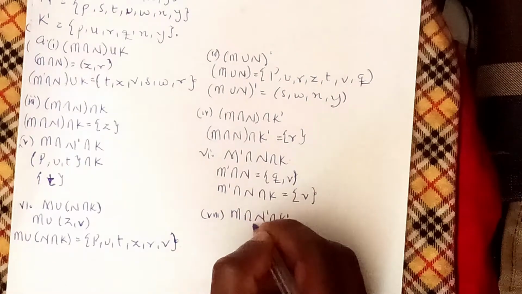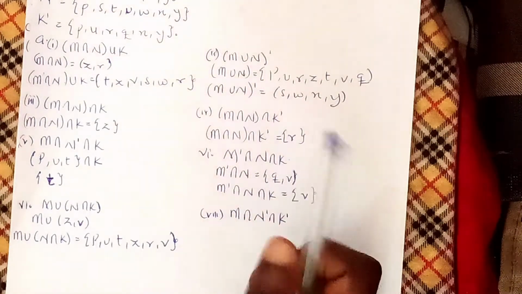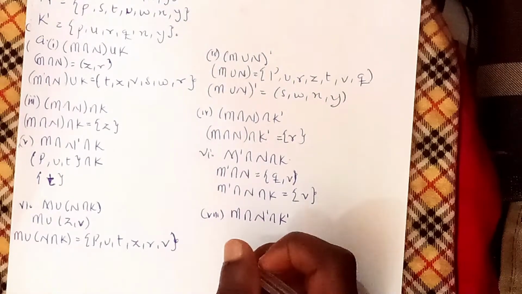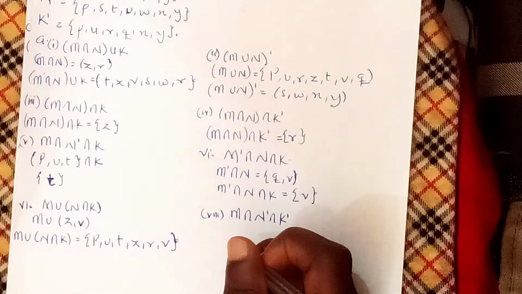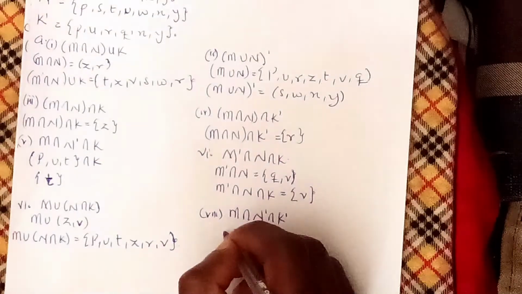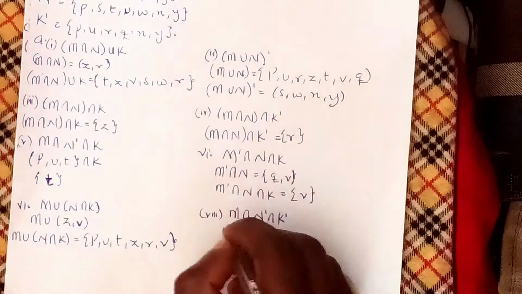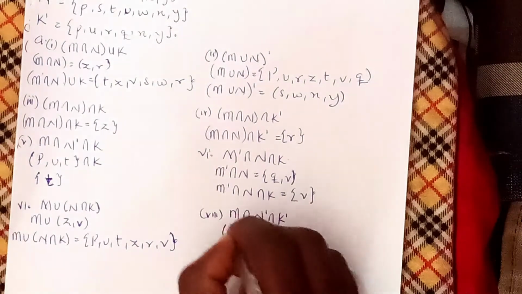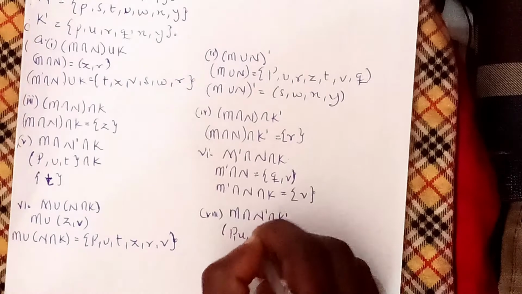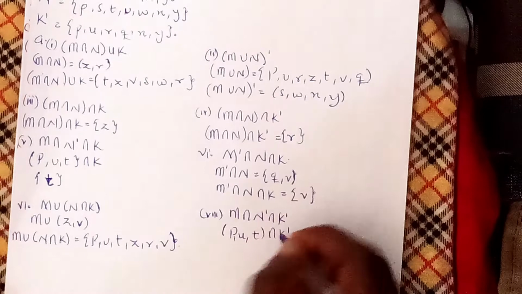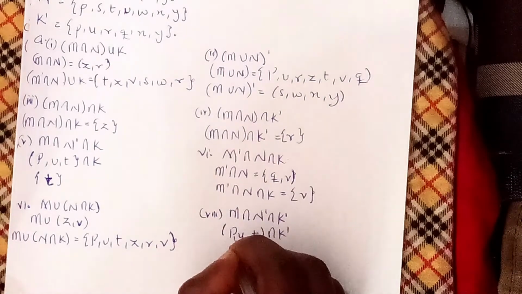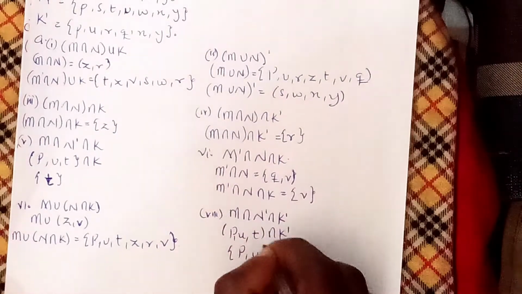We have our N to be P, U, T, Z, and R, and the N prime is P, S, T, U, W, X, and Y. So M intersection N prime gives us P, U, and T. So now we have to intersect it with K prime. When we intersect it with K prime, the value we get is P and U.